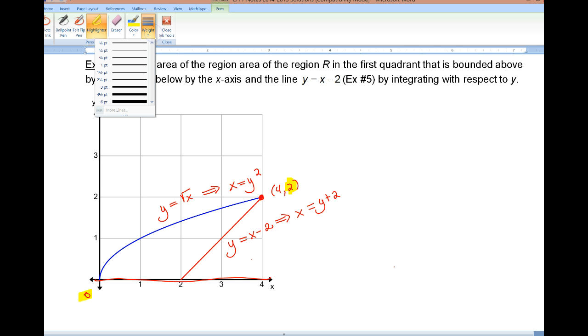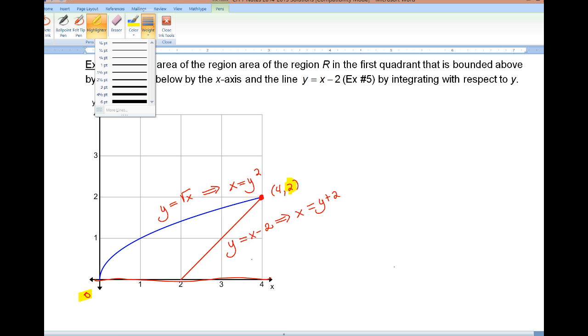So our area this time looks like what? It's right minus the left. What is the right?